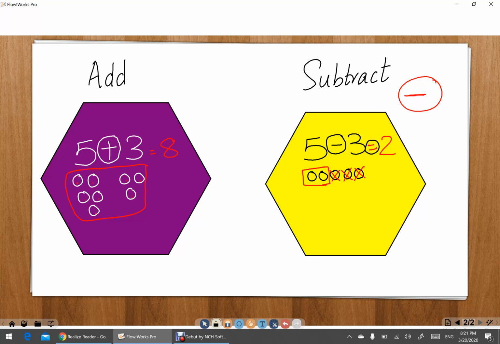So we drew 5 counters and we took away 3 and we are left with 2. So this is what we are going to learn today. But we will learn how to subtract tens. Now we have learned how we can draw tens and ones, how we can use blocks. The same thing we will do here.